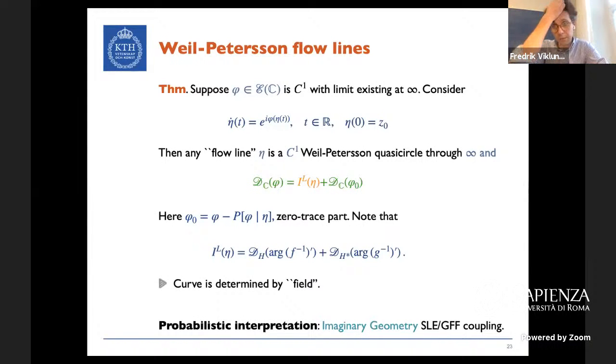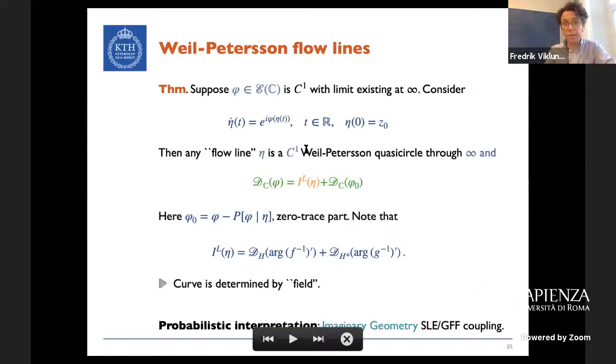This is some technical assumption. It's not so important, but then we consider a solution to this sort of ODE. So we really think about a flow line attached to this phi, starting from some point in the plane. Then one can check that if you let t go both to negative infinity and plus infinity, any such solution produces a curve, a Jordan curve that runs through infinity.